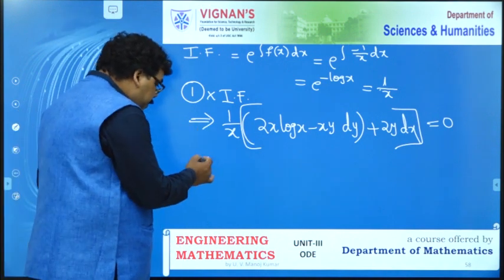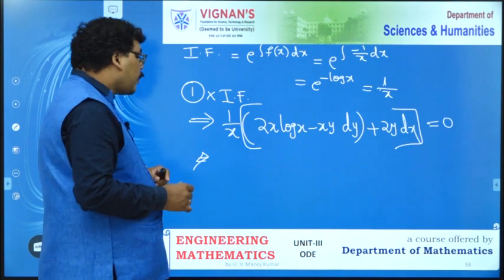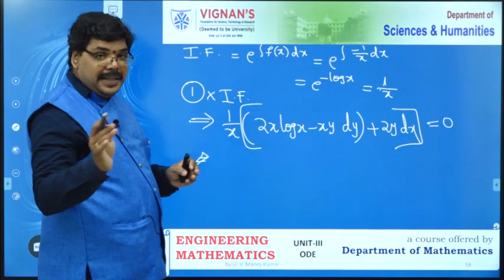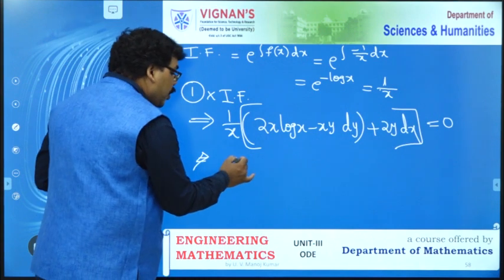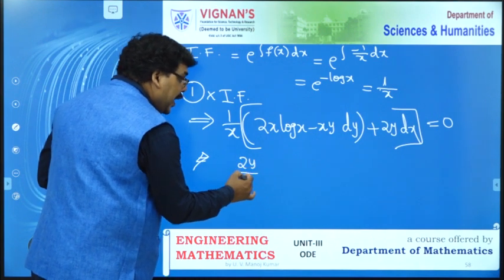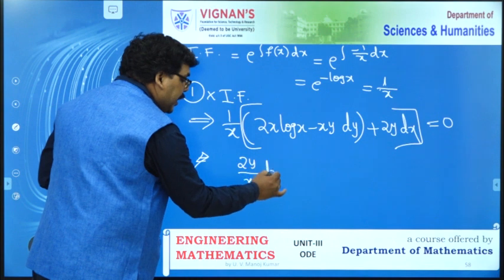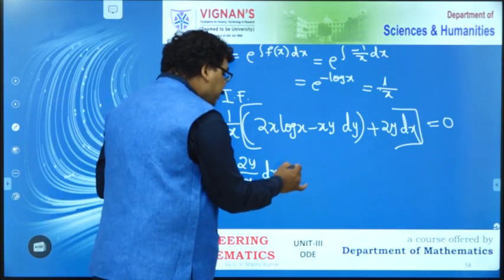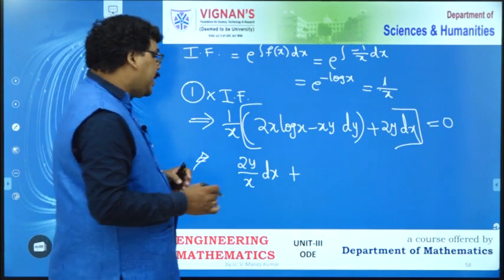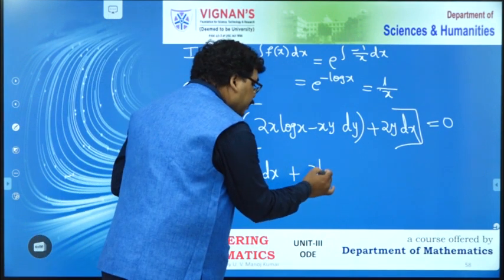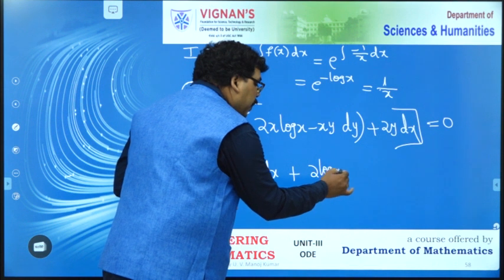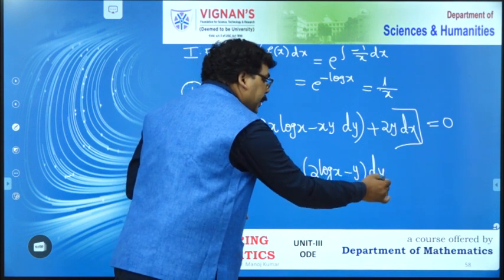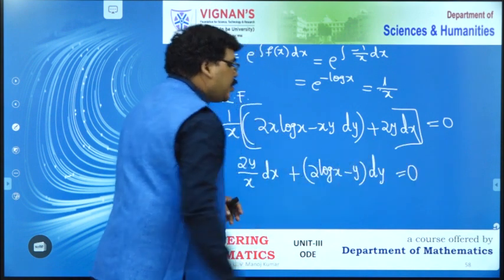Simplify this. First write the dx coefficient: 2y by x into dx plus 2 log x minus y into dy equals 0.